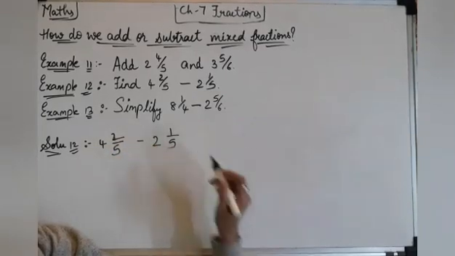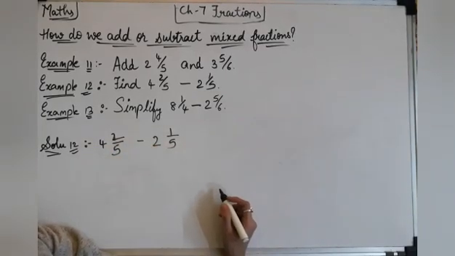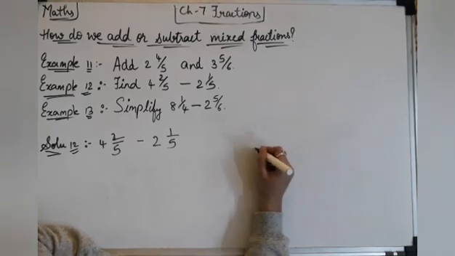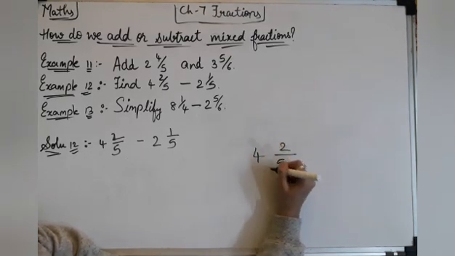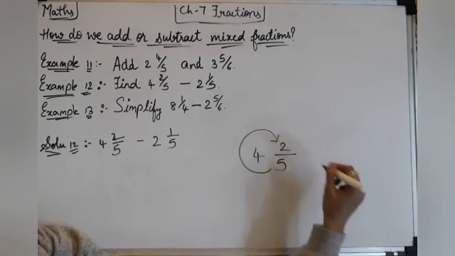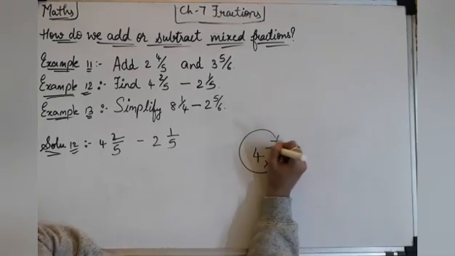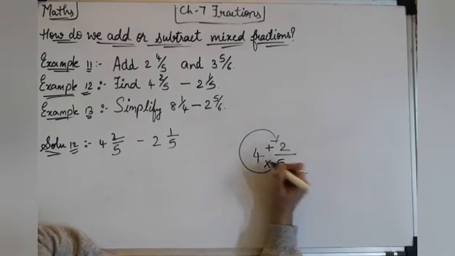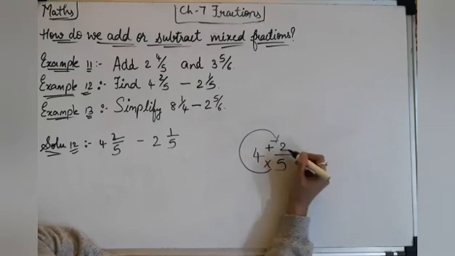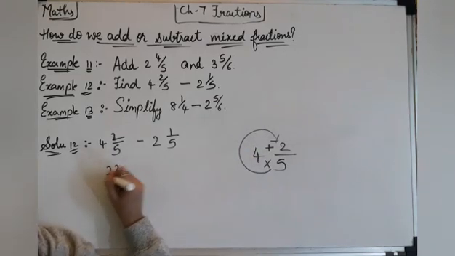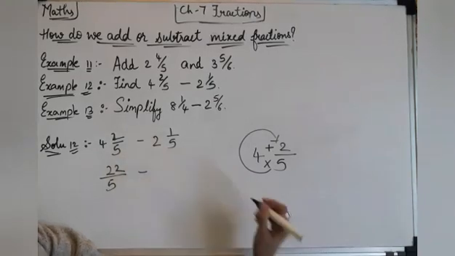It is in the mixed fraction, so first we will convert into the improper fraction. For that we use the formula of the arrow from down to up. Here multiplication will come, here addition will come. So 5 4s are 20, 20 plus 2 is 22. So 22 upon 5.